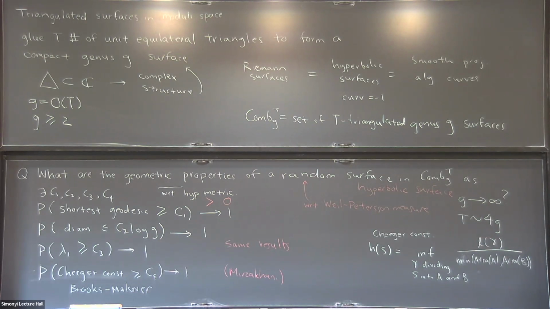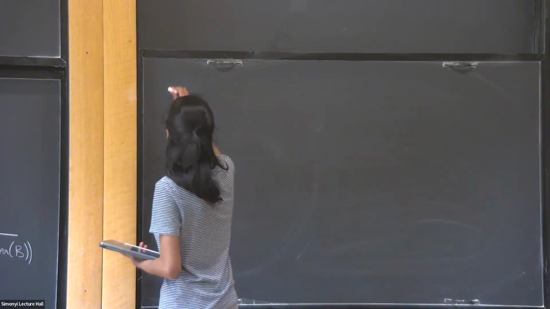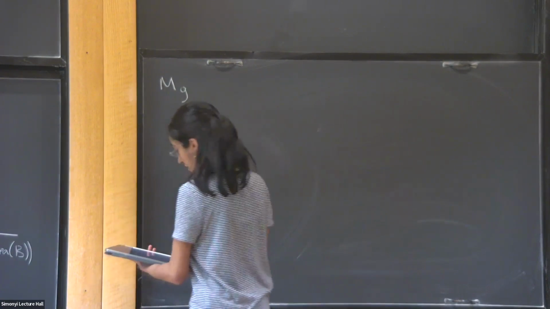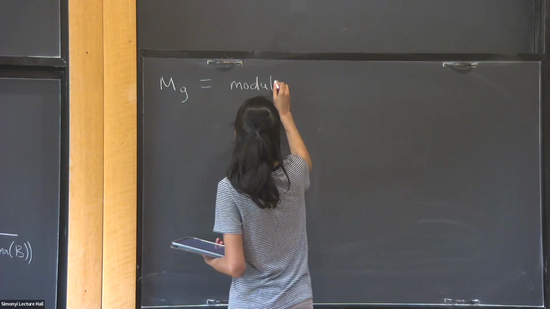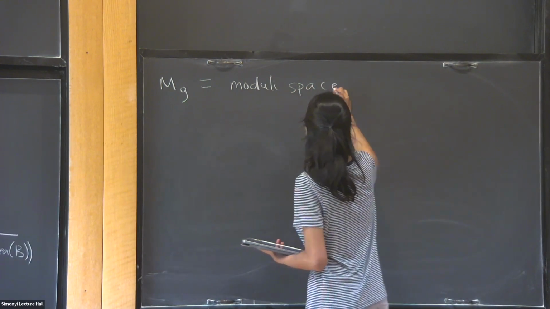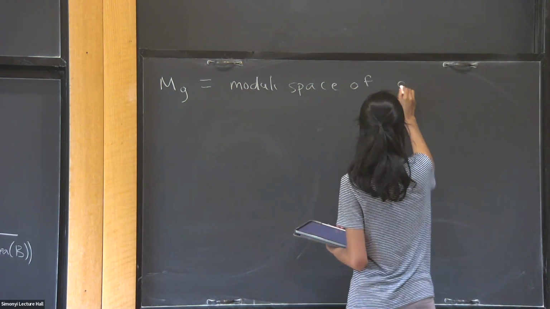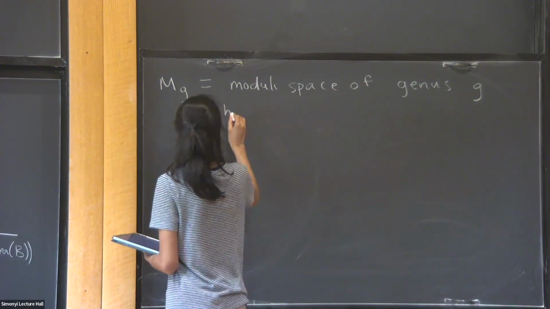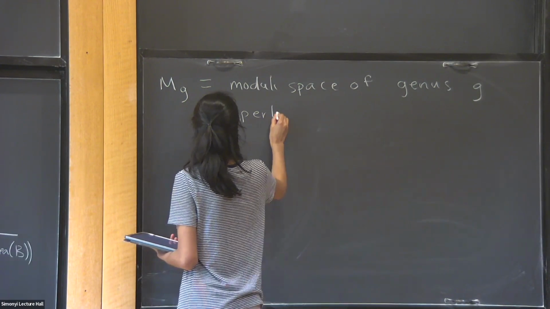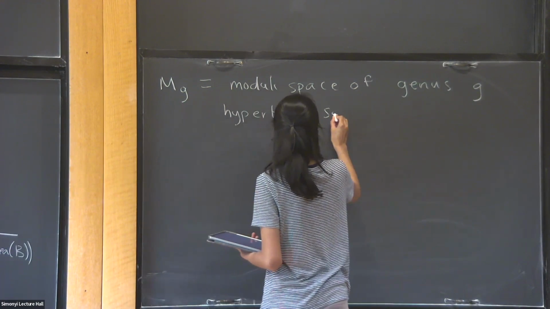Okay. So let M_g equal moduli space of genus g hyperbolic surfaces.